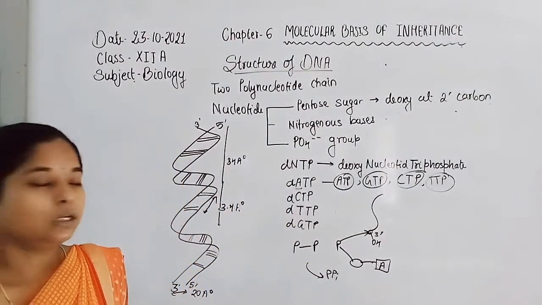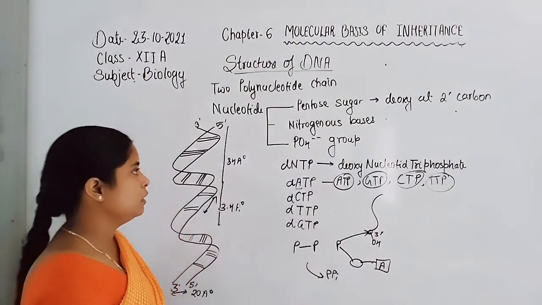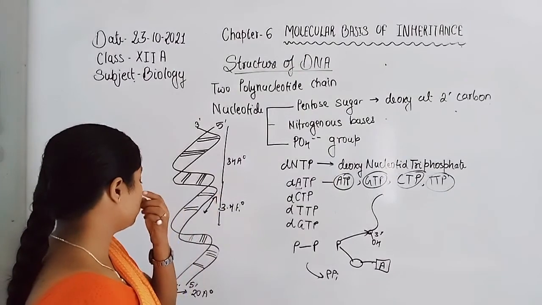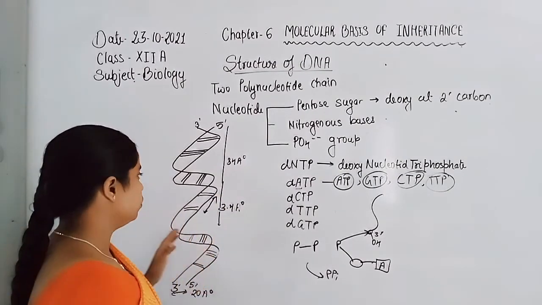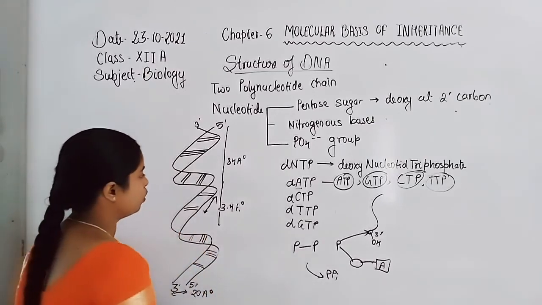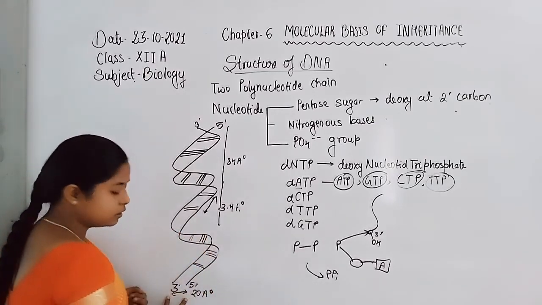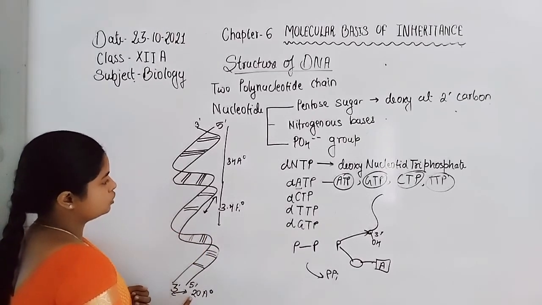So students, here is the overall structure of DNA, where the structure of DNA is formed by two polynucleotide chains. Both polynucleotide chains are attached with hydrogen bonds, and the distance between the two polynucleotide chains is 20 angstrom.